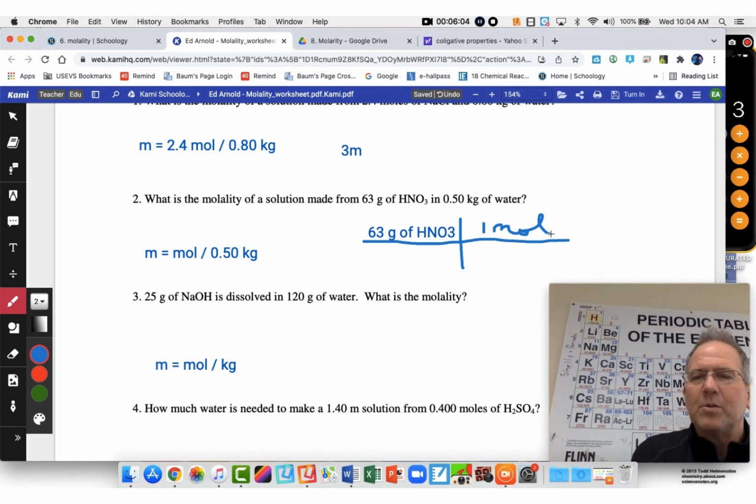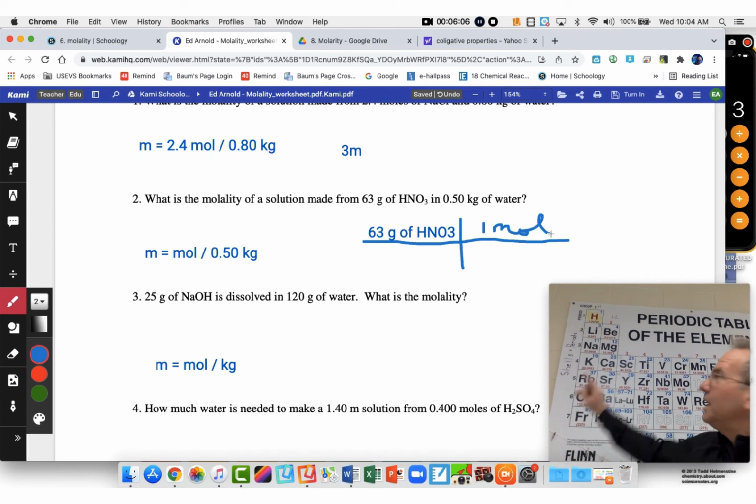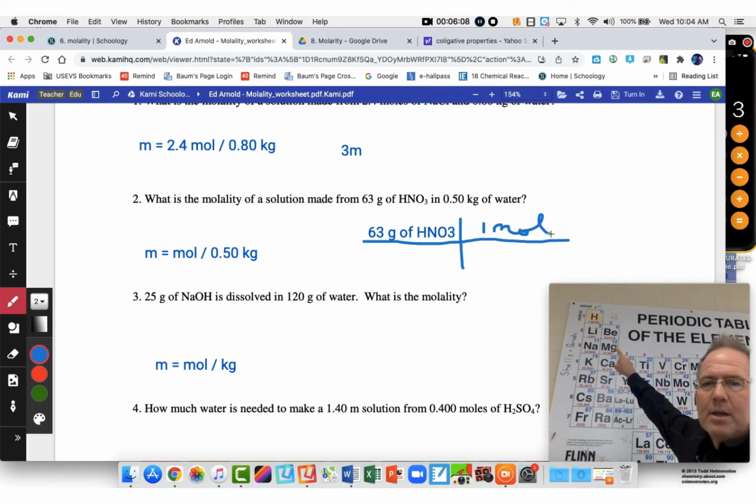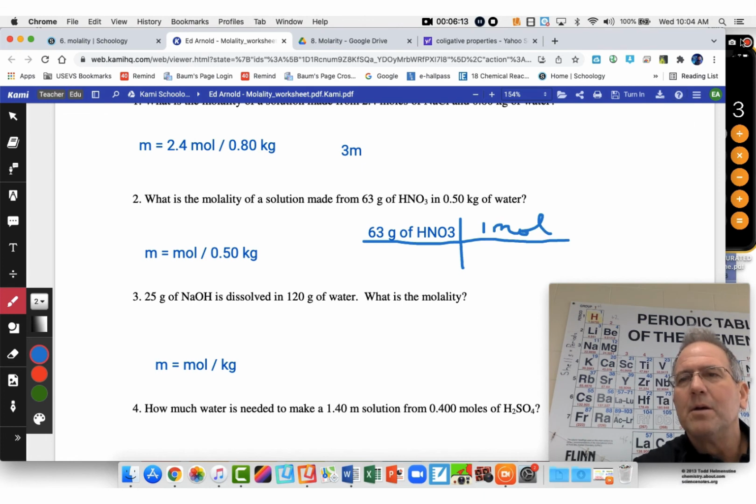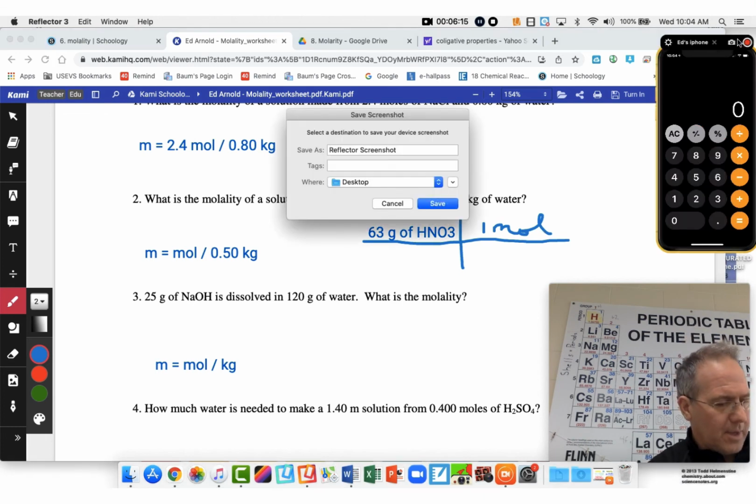So right behind us, we can see that H is 1. Calculator, where are you? So H is 1 plus nitrogen is 14 plus oxygen is 16 times 3, because there's 3 of them, right? Push equals, we get 63.